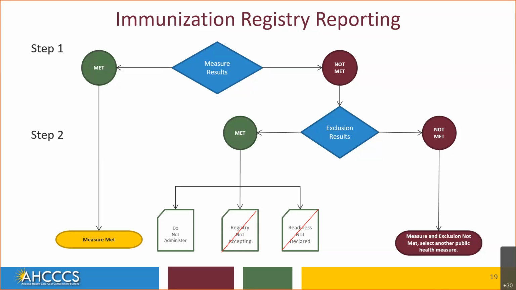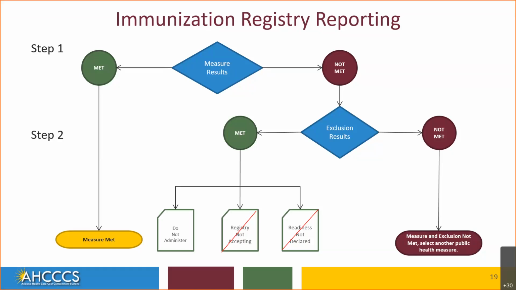However, as you can see, there's a red line going through the registry not accepting box and the readiness not declared box, because EPs are not allowed to claim those exclusions in the state of Arizona because the immunization registry is accepting data from EPs, and the immunization registry has declared readiness to accept that data. So in that scenario, there's only one exclusion that can be met.